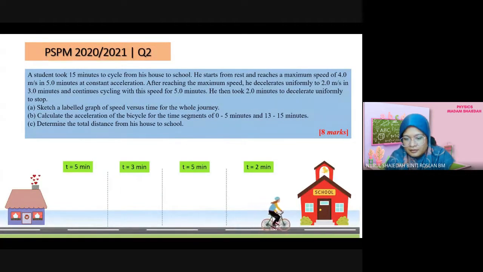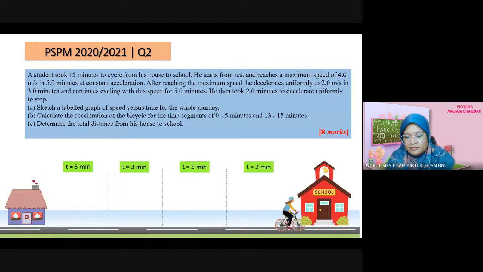After reaching the maximum speed, he decelerate uniformly to 2 meters per second in 3 minutes and continue cycling at that speed for 5 minutes. He then took 2 minutes to decelerate uniformly and stop. Okay, so this is a figure of how this student is cycling from his house to the school.